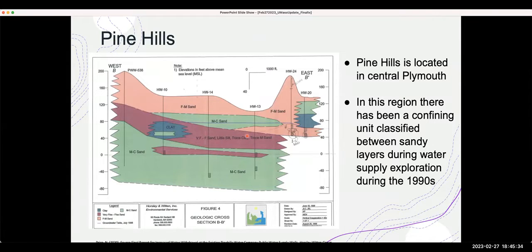And one of the things that we've been trying to determine, as Rachel will show you in a minute, is this cross section here is from central Plymouth, so to the south of downtown, and it shows a confining or a lower permeability horizon at similar depths to what you see to the north.